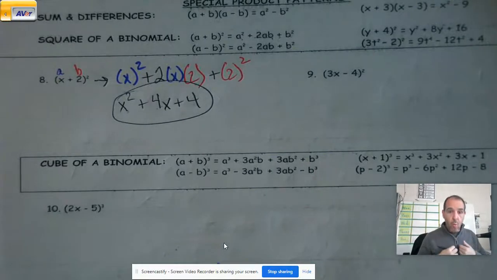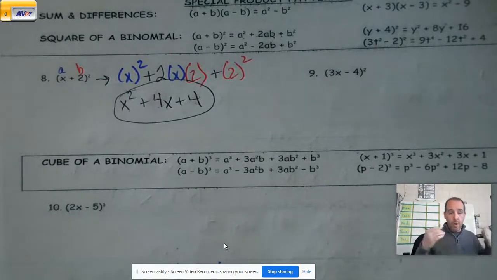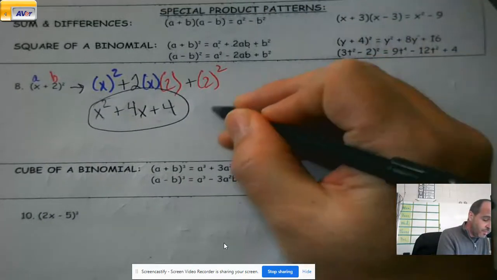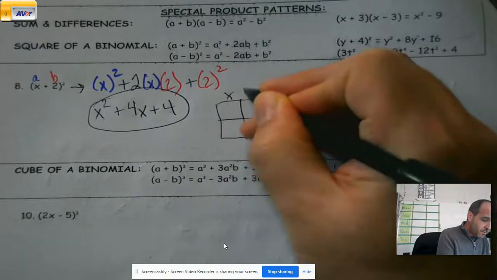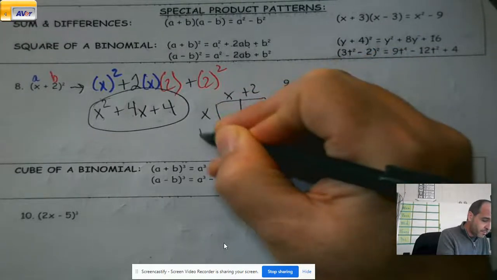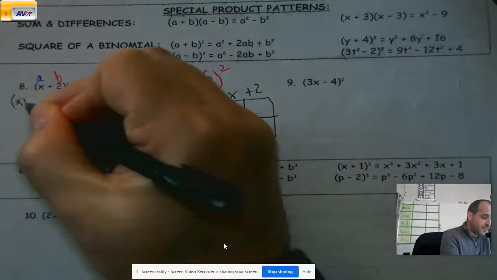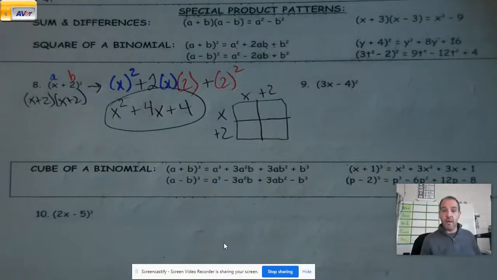Now, if you don't want to do that, if you're like, I'm old school, I want one way and one way only, skip this pattern stuff, here's what you would do. Either you write out 2 sets of parentheses, x plus 2, x plus 2. You can do the distributing and FOIL it out.